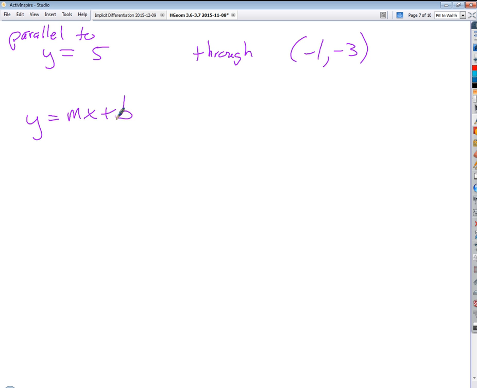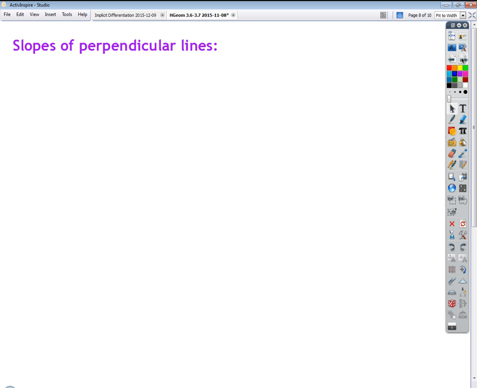If we want to find a line that's parallel to y equals 5 through this point, we know that line is horizontal. It's got a slope of 0. So what does the answer have to be? Yeah, y equals -3. It's got to be defined by its y value this time. Make sense? Okay.